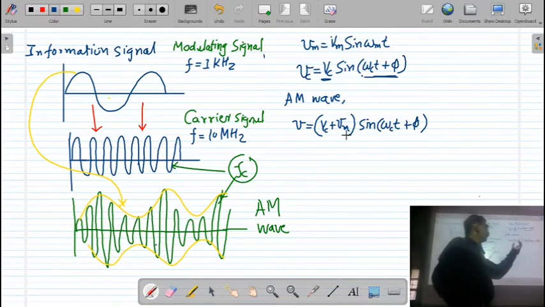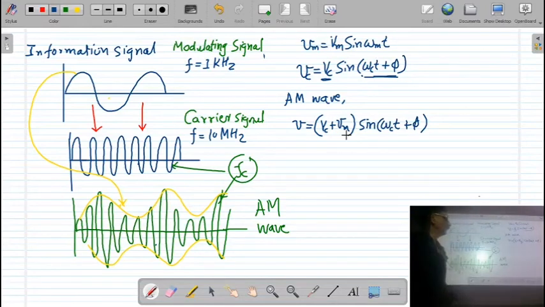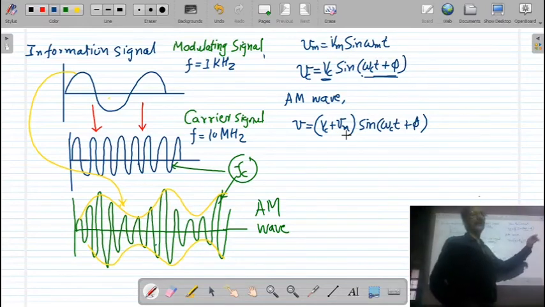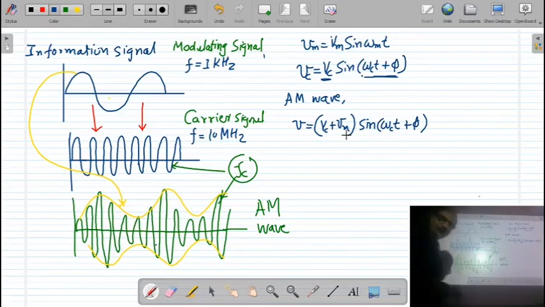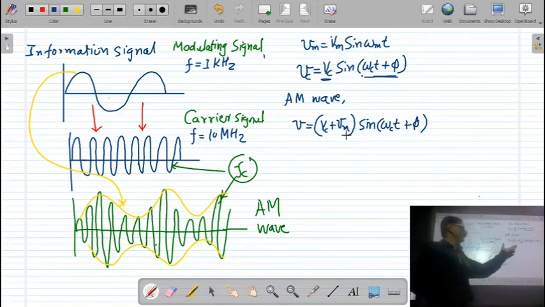So this is the new amplitude: Vc plus Vm sine omega mt. We can describe the amplitude modulated wave using this expression.